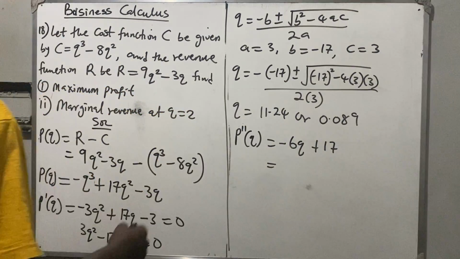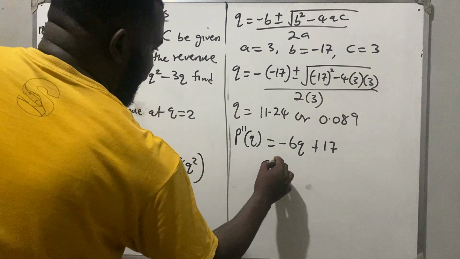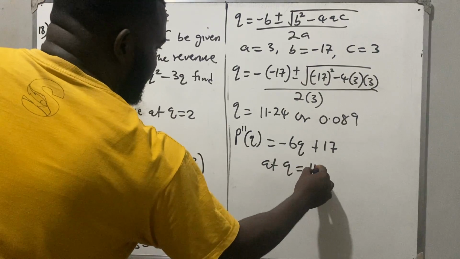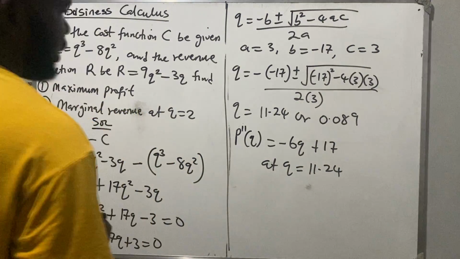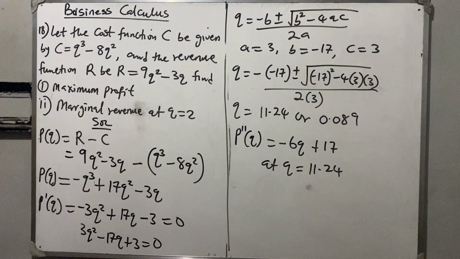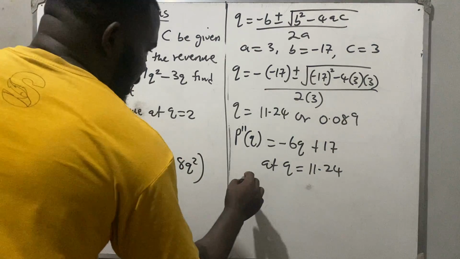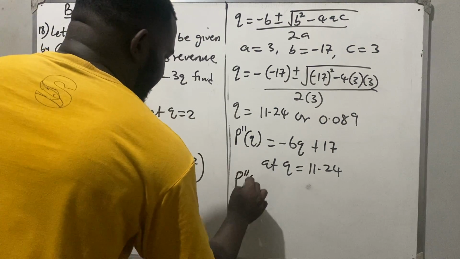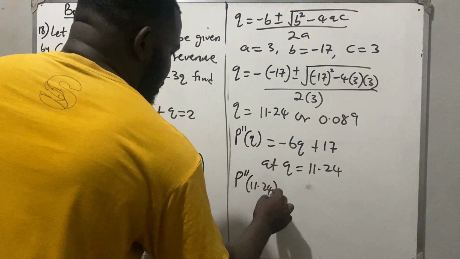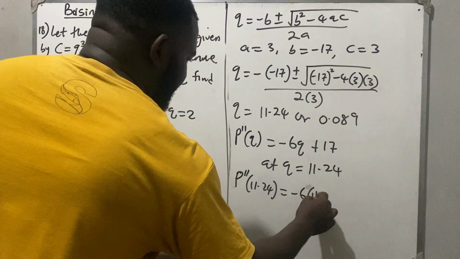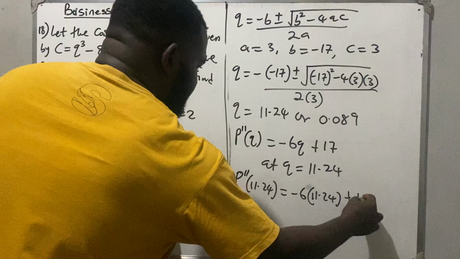If we now put in the first one, Q equal to 11.24, P prime prime of 11.24 will give you minus 6 multiplied by 11.24, then plus 17.